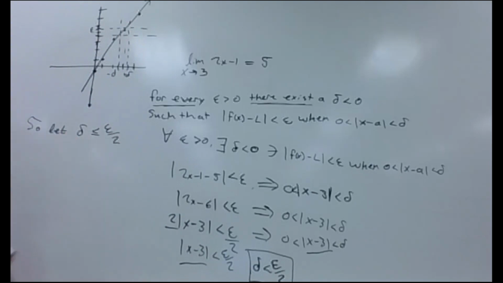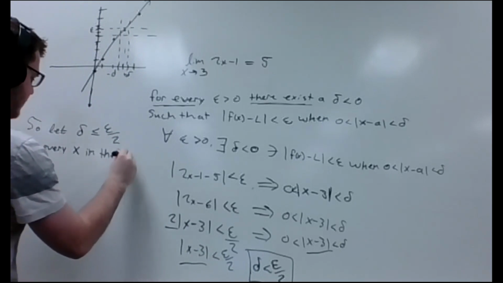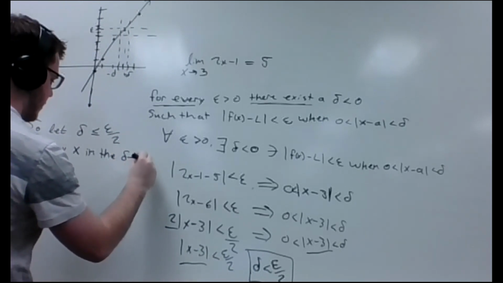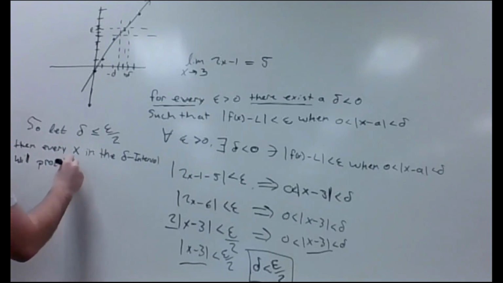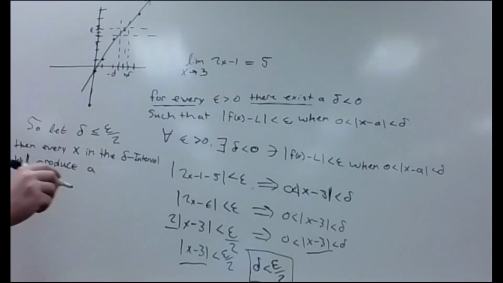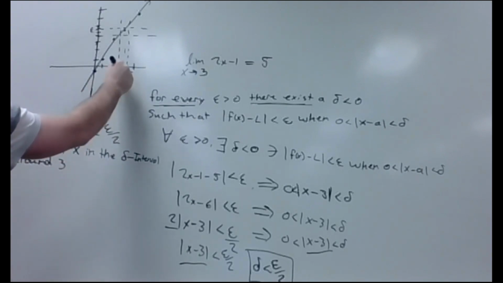So then every x in the delta interval will produce a y value, or I guess interval, around 3, because that's where our limit is, because this is x equals 3.